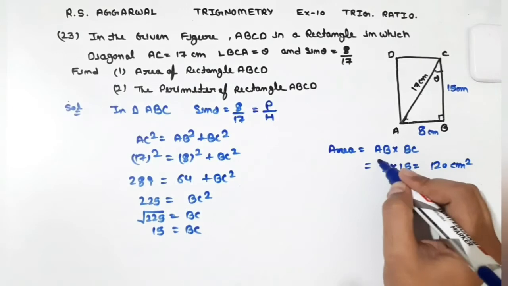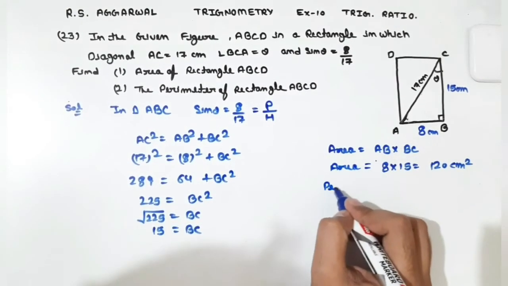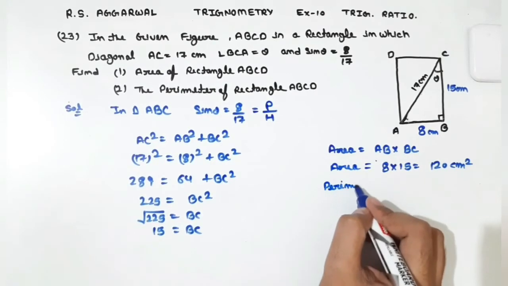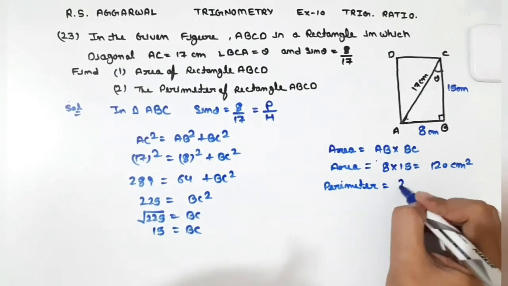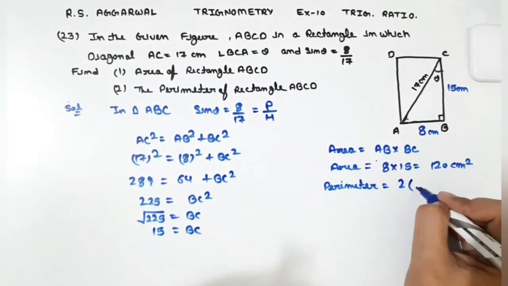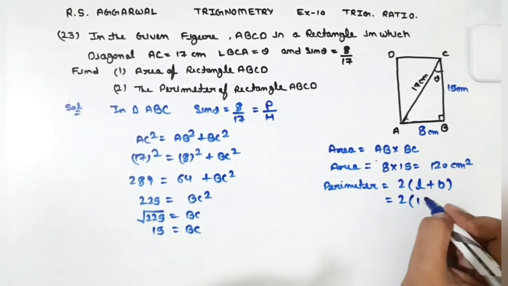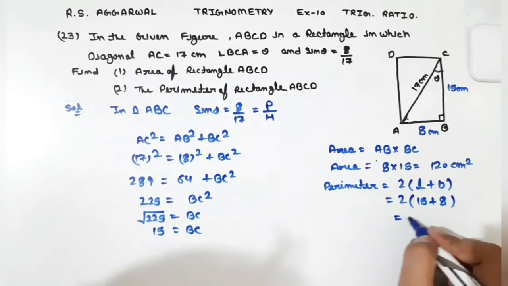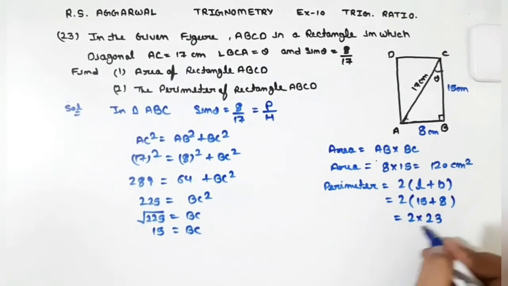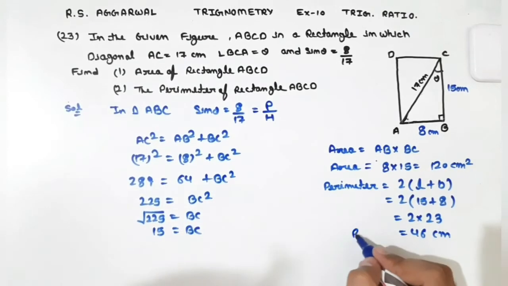This is our area. Now the perimeter of the rectangle is given by 2 into (L plus B). So 2 into (L is 15 and B is 8), 2 into 23, that is equals to 46 centimeter. This is the perimeter.